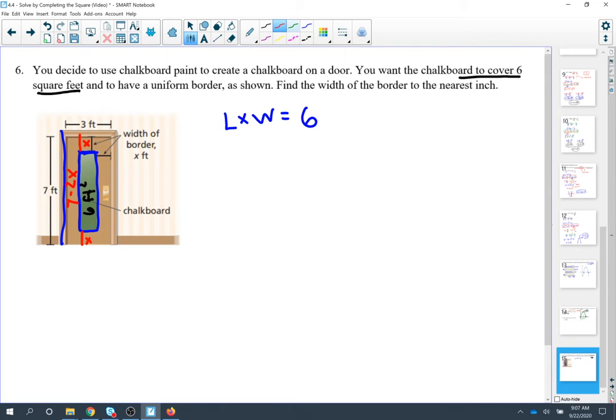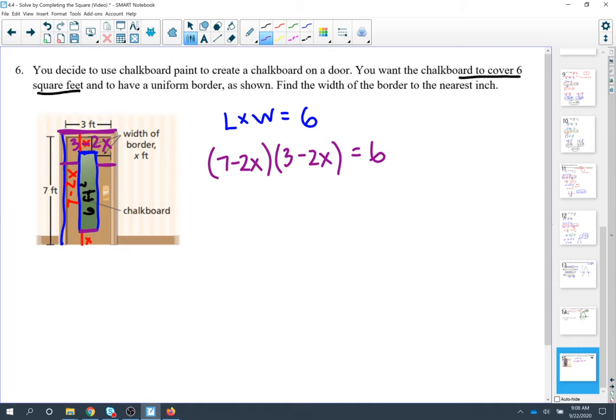Now, if I use that same idea, the width of the door was 3, but I have x here and x here, so this is now 3 minus 2x. So my length is 7 minus 2x, my width is 3 minus 2x, and this has to equal 6.